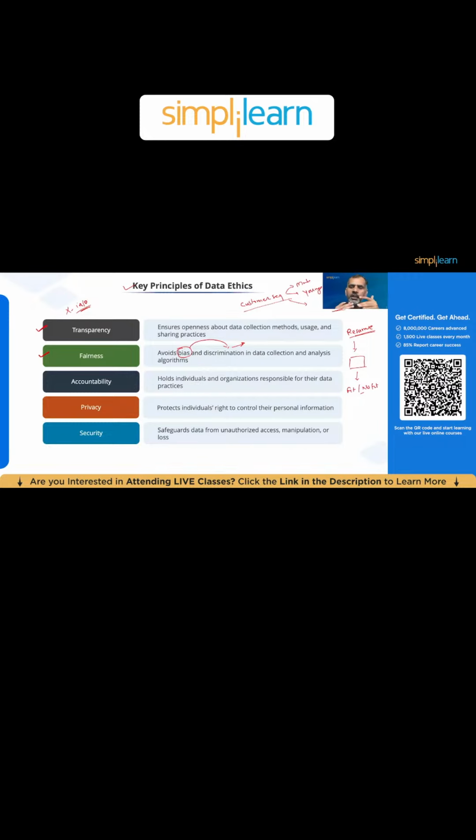Now, to develop this kind of model, if I have to collect the data, I should be collecting data equally. It's not that I'm collecting data mostly from male candidates. If I do this, that means I'm introducing bias towards the male category compared to the female category.